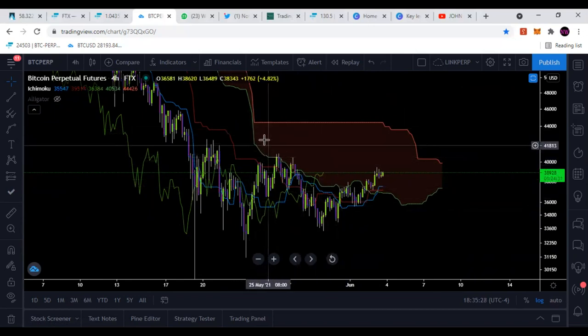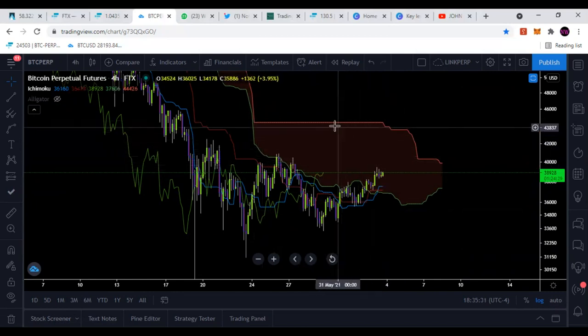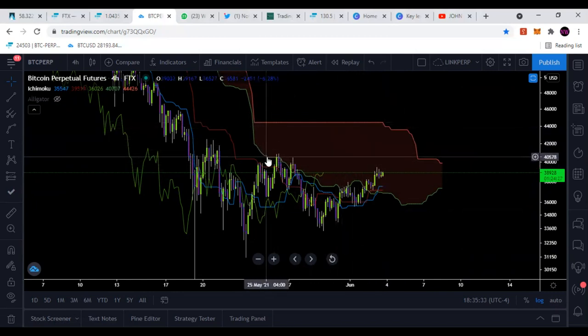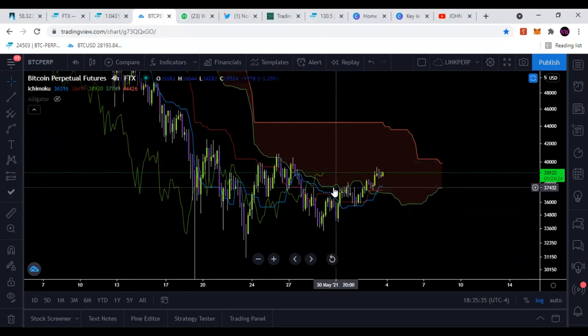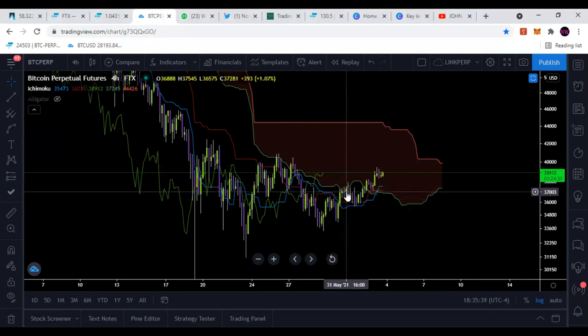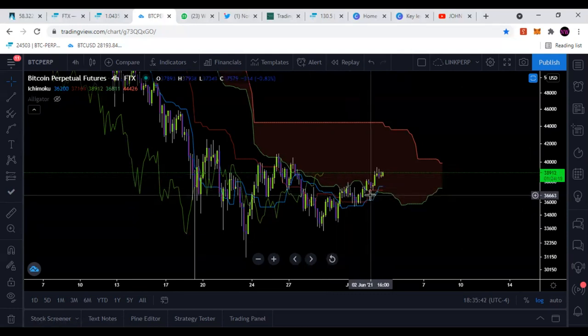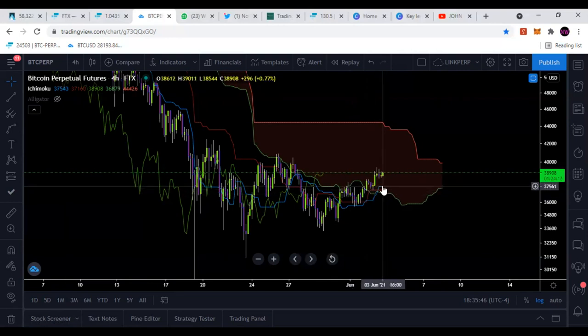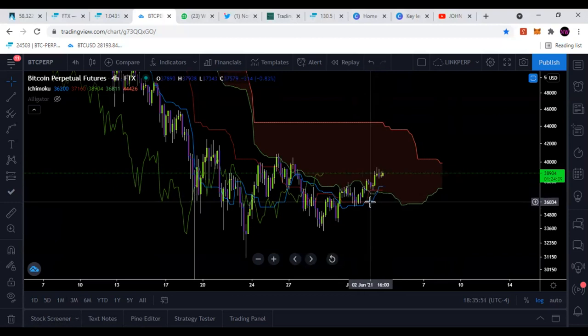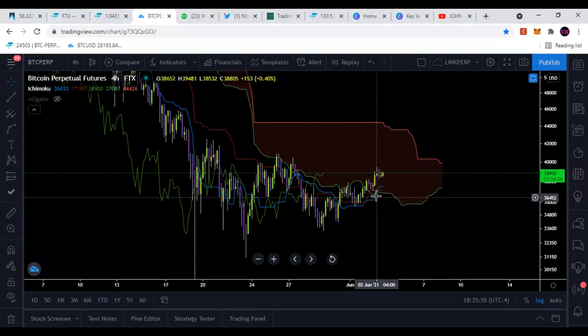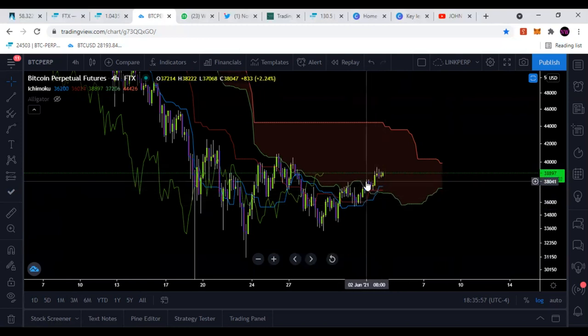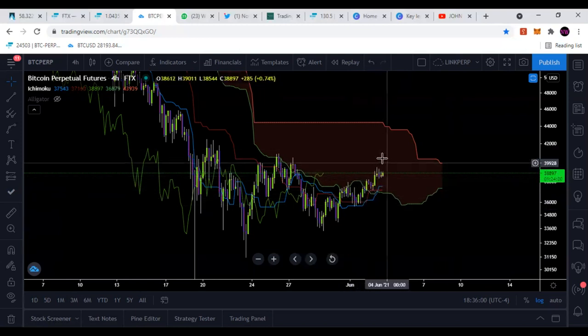This cloud has two different EMAs, one red, one green. Price rejected this green EMA, going in and out. But what we wanted to see is the TK bullish cross, which is the blue EMA crossing the red from bottom to top, and the body of the candlestick closing inside the cloud.